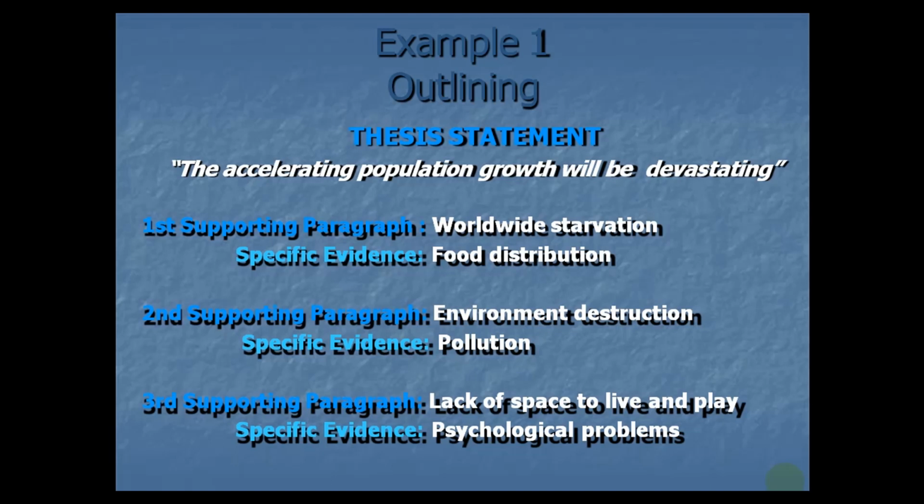That's why we have food distribution to other parts of the world, especially third world countries. And you have your second supporting paragraph, which is about environmental destruction, whether it's water pollution, air pollution, any kind of pollution, and you can come up with specific evidence on pollution. And the third supporting paragraph is about the lack of space to live and play. Then you can come up with specific evidence. It's more about psychological problems.